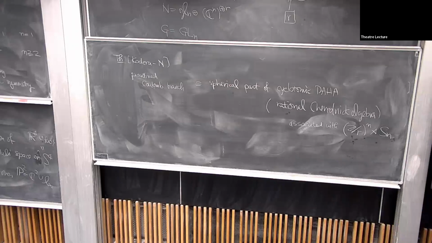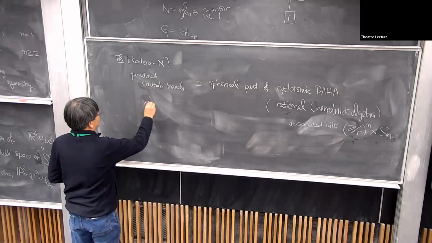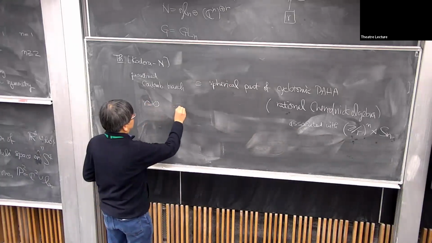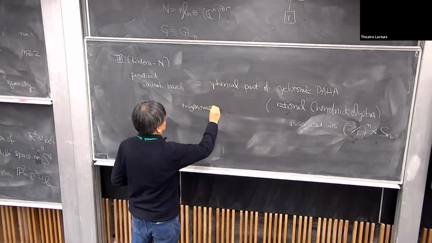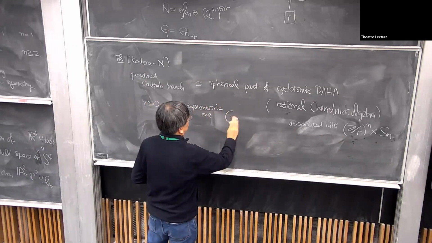I'm kind of surprised it's rational, but before you had non-degenerate and trigonometric, why would rational appear? Yeah, so it's a little bit complicated. So R equal 1, R equal 0 case, this is the previous case. We get the trigonometric one. That's great.